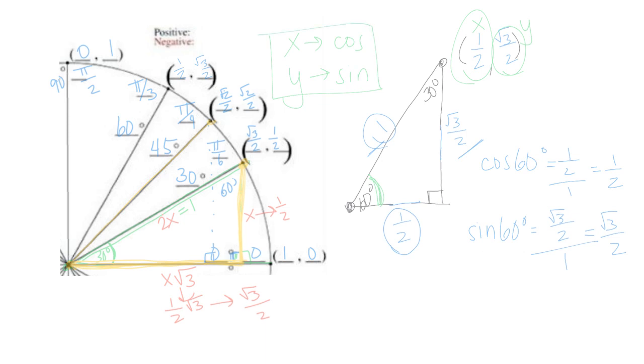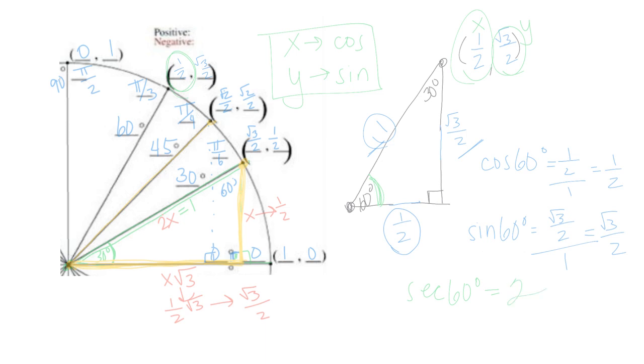Now, something else actually comes up out of this. If I know the cosine and I know the sine of each angle, I know its reciprocals. Because if I wanted, let's say, the secant of 60 degrees, I'll look at the x-coordinate at 60 degrees, which is 1/2, and I'm just going to find the reciprocal. The reciprocal of 1/2 is 2.